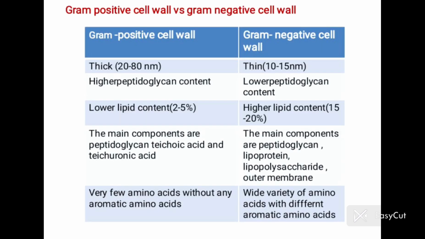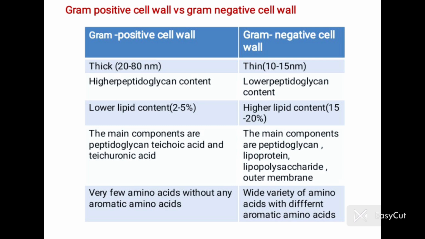Gram-positive cell wall versus gram-negative cell wall. The gram-positive cell wall is thick and the gram-negative cell wall is thin. The gram-positive cell wall has higher peptidoglycan content and the gram-negative cell wall has lower peptidoglycan content. The gram-positive cell wall has lower lipid content, 2 to 5%, and the gram-negative cell wall has higher lipid content, 15 to 20%.